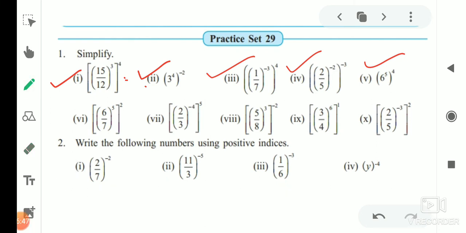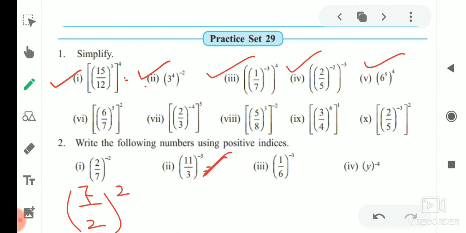2 by 7 raised to power -2. Here the numerator 2 will go into the denominator and 7 will go into the numerator, and the negative power will convert into a positive power. So (2 by 7) raised to power -2 will give (7 by 2) raised to power plus 2. Likewise (11 by 3) raised to power -5.